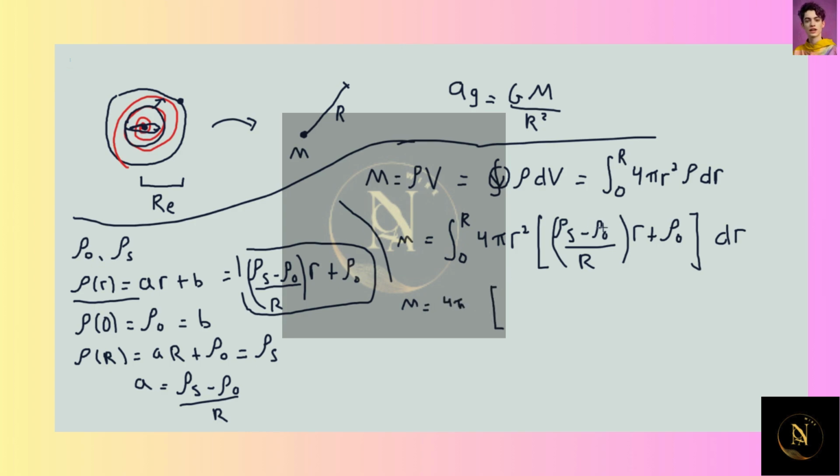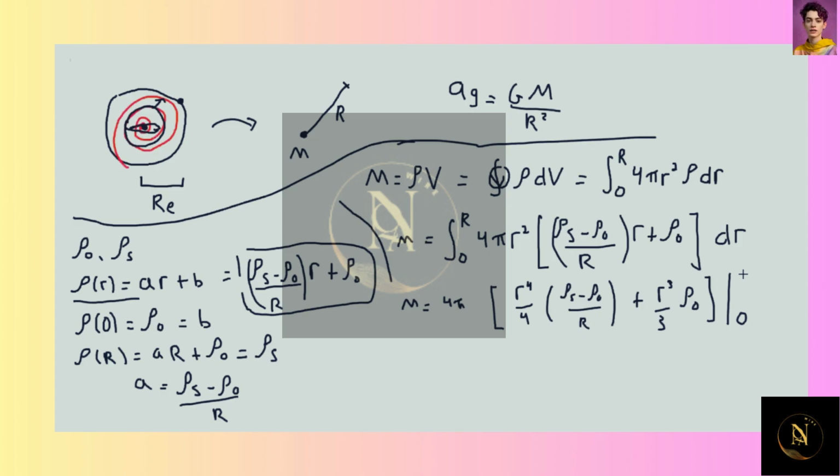And then this first term of the integral, we would have r cubed, so that should be r to the fourth over 4, and then times this constant here, rho sub s minus rho naught over R. And then this term would be multiplied by r squared, so we should then have r cubed over 3, and that's also times rho naught. And then we're evaluating this whole thing from 0 to R.